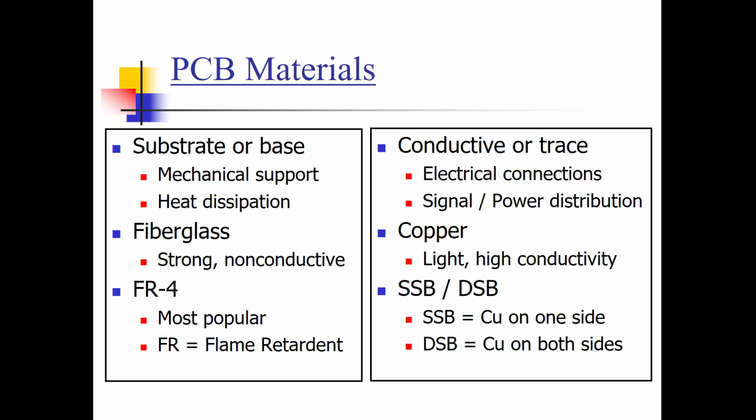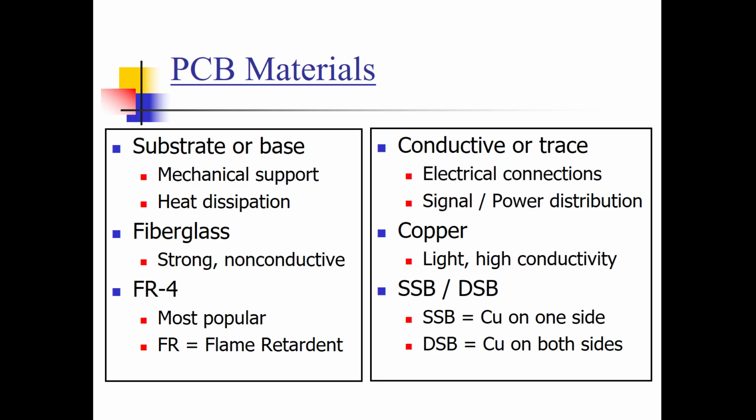Okay, so you've got your substrate. Then there's the conductive material, which are your electrical connections. Most often that material is copper because it's lightweight, it has good electrical conductivity, and it's at a good price. Silver and gold are better electrical conductors than copper, but they cost more. So usually copper is used because it's the best value.